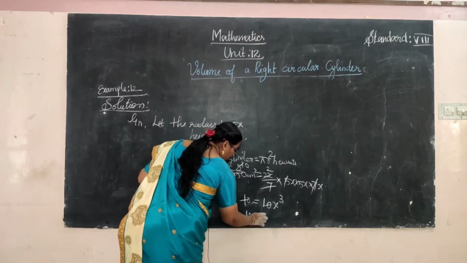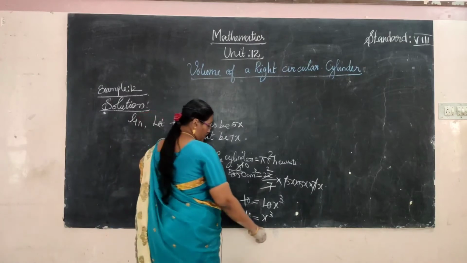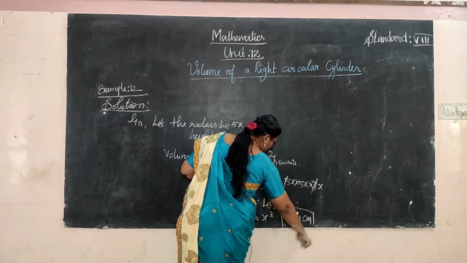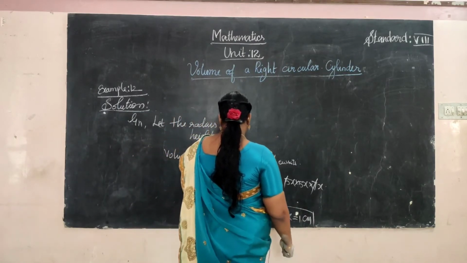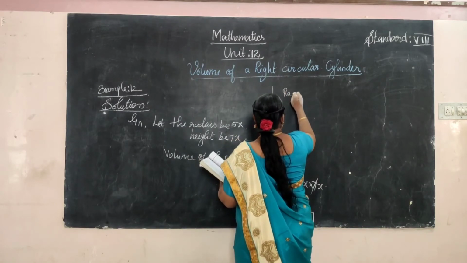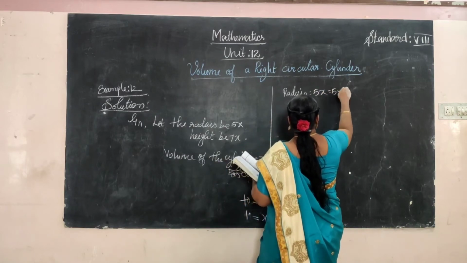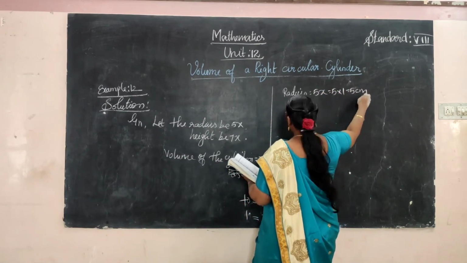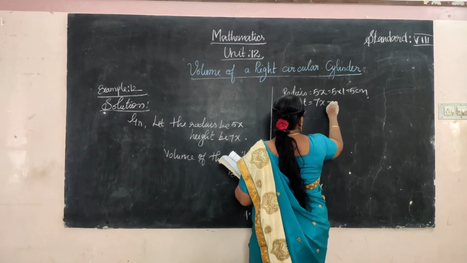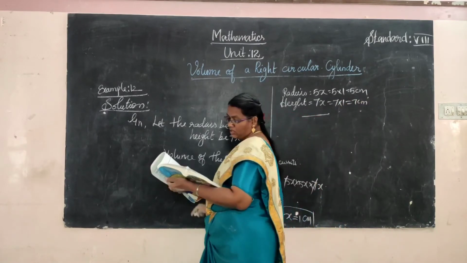So 1 is equal to x cube. So cube root of 1 is 1, so 1 centimeter. Now the radius is equal to 5x, equal to 5 into 1, 5 centimeter, and height 7x is equal to 7 into 1, 7 centimeter. That's it.